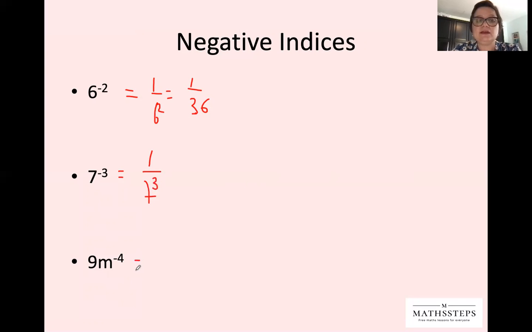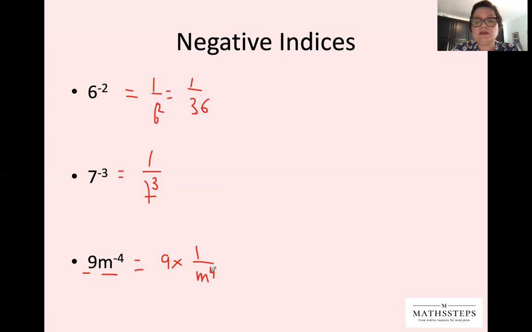And then here, we have a number and a letter to the power of minus 4. Now, just the letter is to the power of minus 4, not the number. That means you leave the number as it is. So 9m to the power of minus 4 is the same as 9 times m to the power of minus 4. And m to the power of minus 4 is the same as 1 over m to the power of 4.